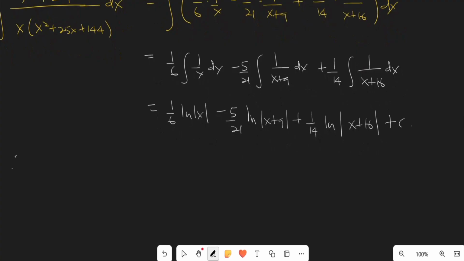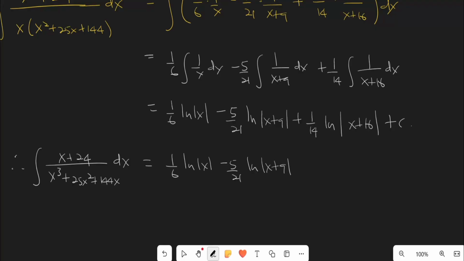So if we integrate x plus 24 over x cubed plus 25x squared plus 144x dx, this evaluates to 1 over 6 ln of x minus 5 over 21 ln of x plus 9 plus 1 over 14 ln of x plus 16 plus the constant of integration.